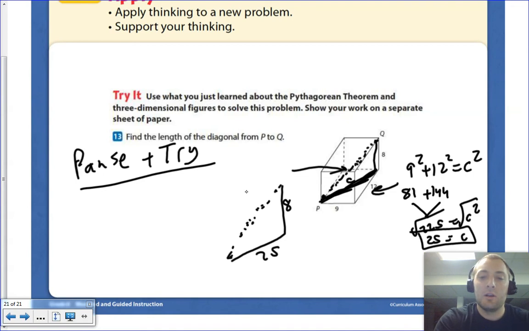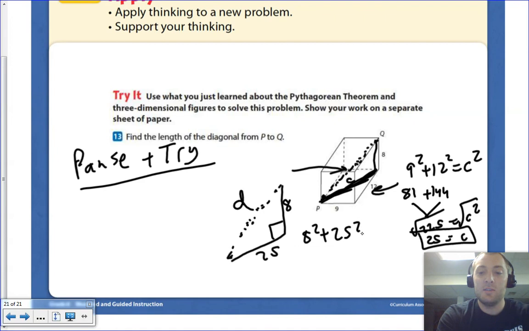And let's just say our diagonal is d. It has to be a right angle because it's a rectangular prism still. So 8 squared plus 15 squared, those are the two legs, equals d squared, which is our hypotenuse.